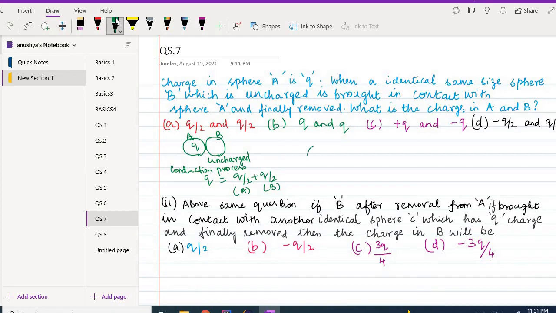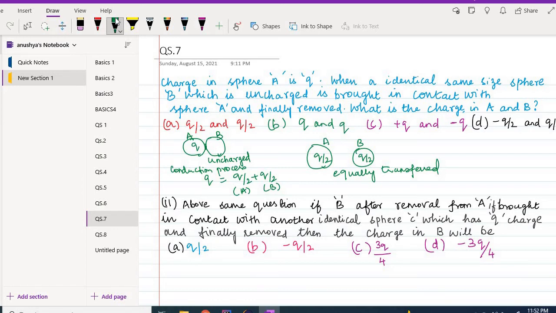After separation, A has Q by 2 and B also has Q by 2. The amount of charge will be equally transferred from the charged body to B.